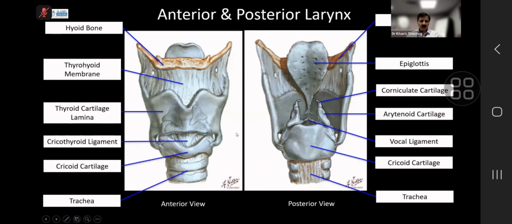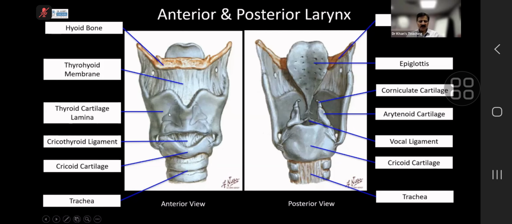And on this framework, larynx is built. Key thing is the laryngeal cartilages. The four cartilages which are important are, one is the thyroid cartilage, second is the cricoid cartilage, then of course the epiglottis, which is quite unique in shape, so you don't confuse it with anything else, and then the arytenoid cartilage. Don't worry about this small corniculate cartilage.